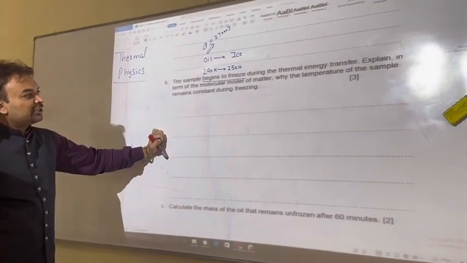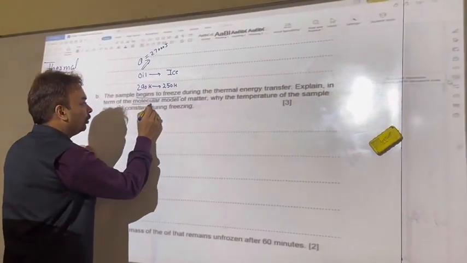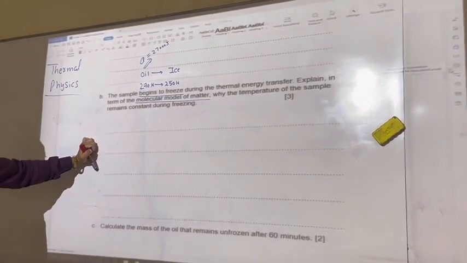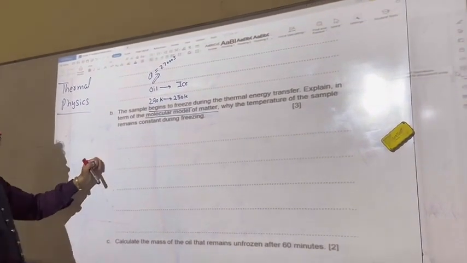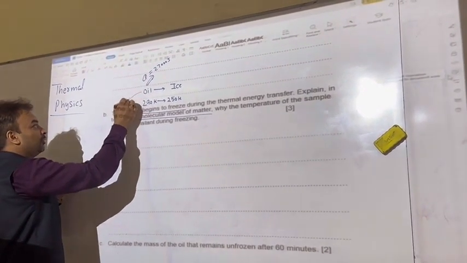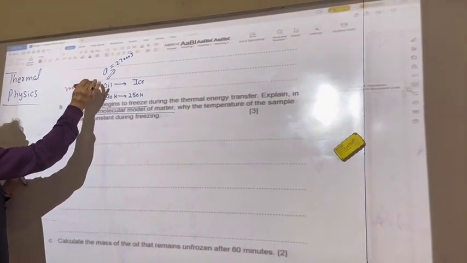So explain in terms of the molecular model of matter. The molecular model of matter means we will consider that the oil is made up of molecules. So we will consider the molecules of the oil.